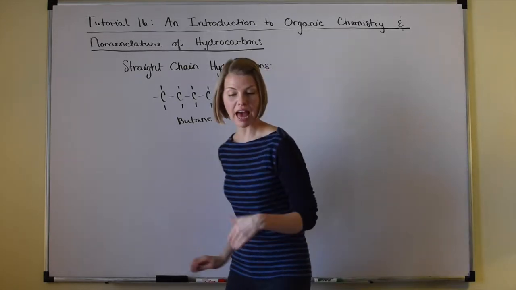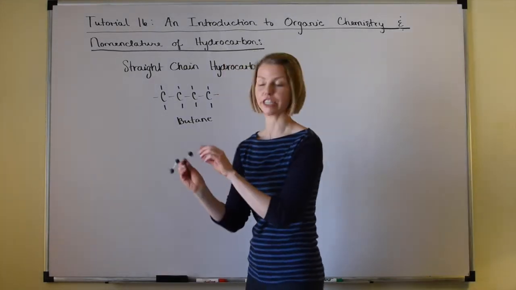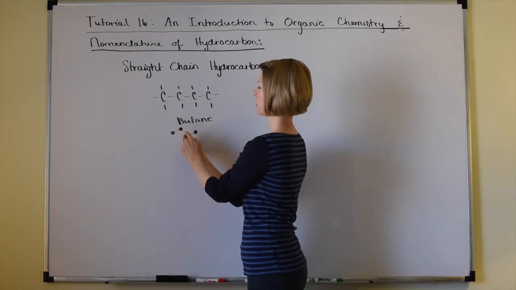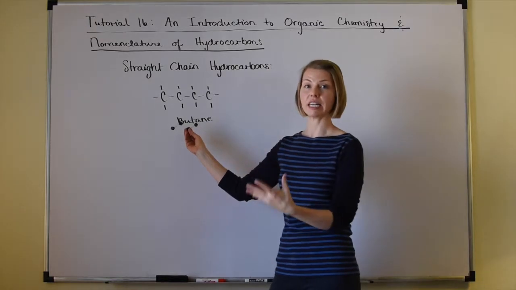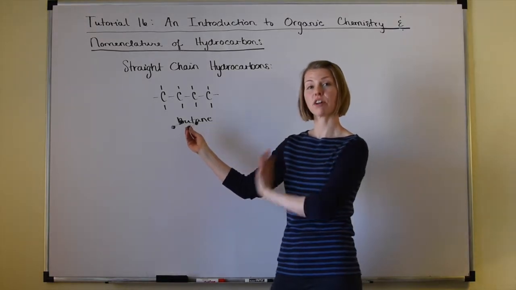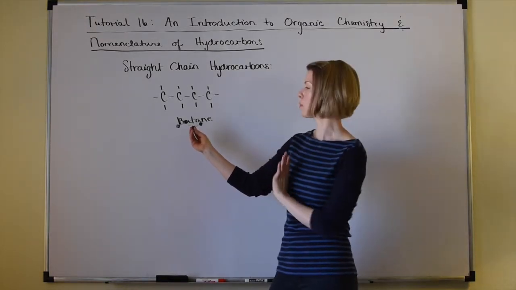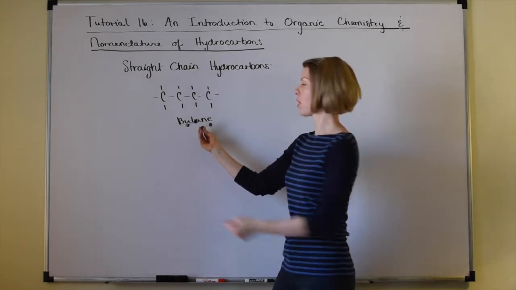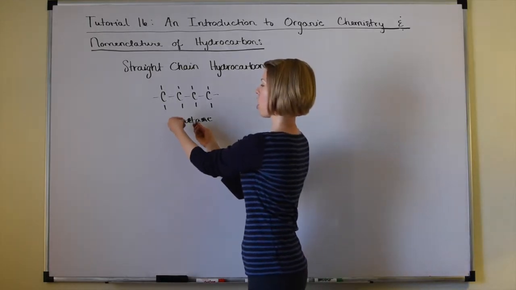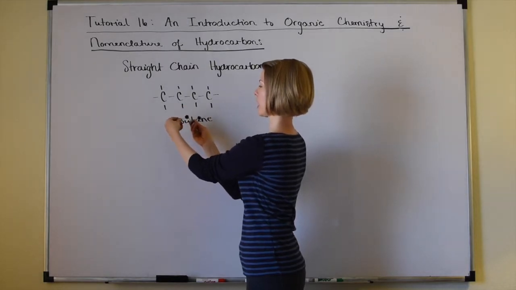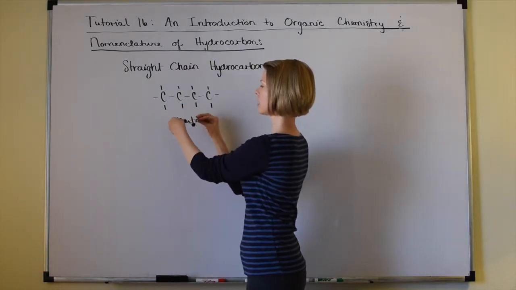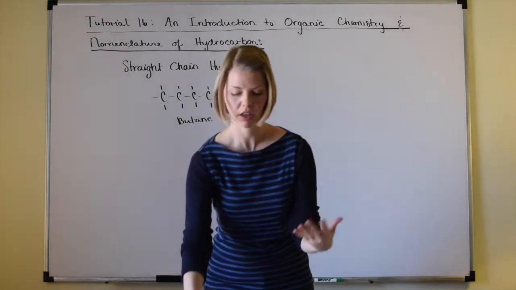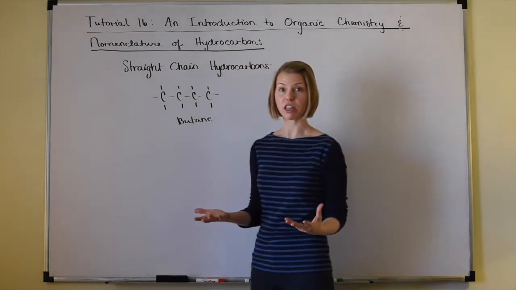I just happen to have a model here built for the 4 carbons in a butane molecule. I left off all the hydrogen just to make it a little bit more simple to look at. But all of these carbon-carbon bonds, these single bonds, are free to rotate. And so that leads to all sorts of different conformations for a butane molecule.